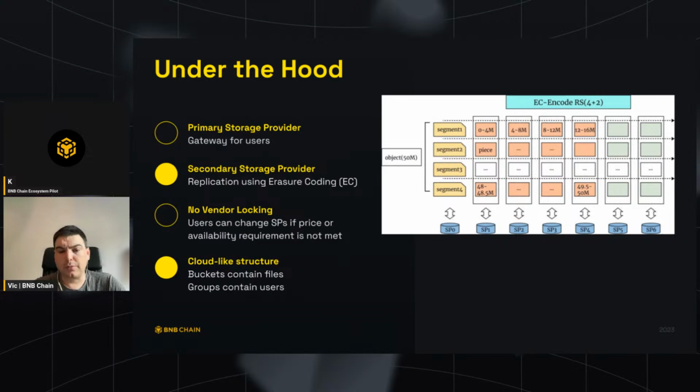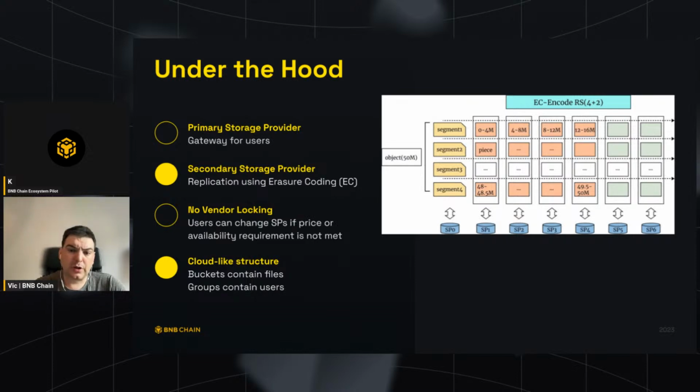So if you're building the storage provider application or some kind of extension to this, or maybe some kind of infra or security extension, cryptography, then what's more interesting is how the replication works using erasure coding, and how different segments are split into objects and then put to different secondary storage providers.